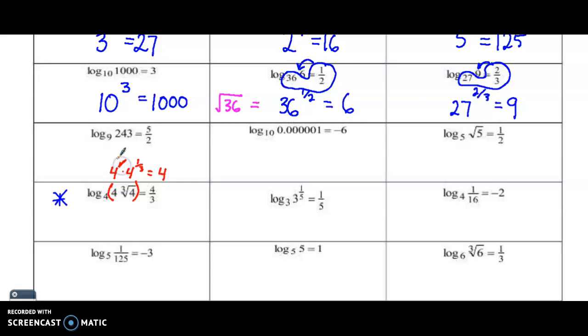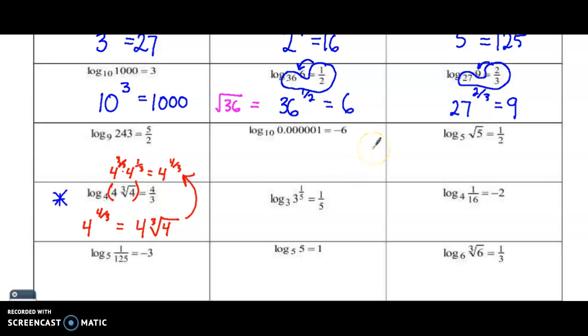So maybe change 1 to be 3/3. 3/3 plus 1/3 is equal to 4/3. So kind of an ugly problem, but it is still true that 4 to the 4/3 power, if you make your boot, is equal to that argument, 4 cube root of 4. Because 4 times the cube root of 4 is equal to, I guess, everything I wrote up there.